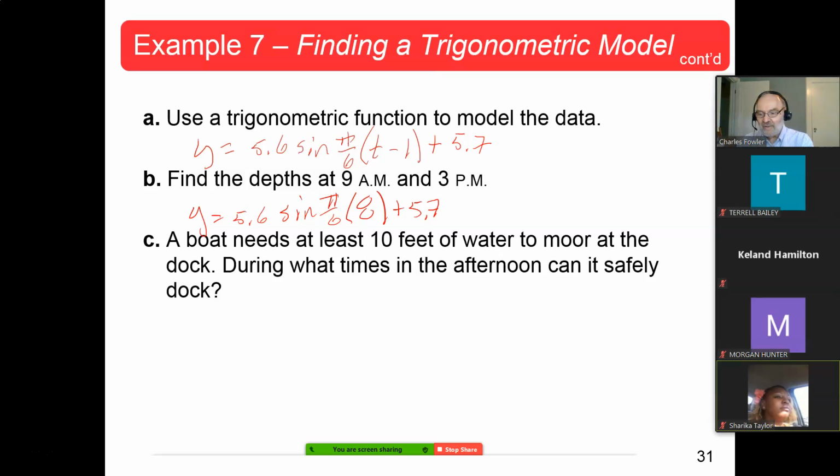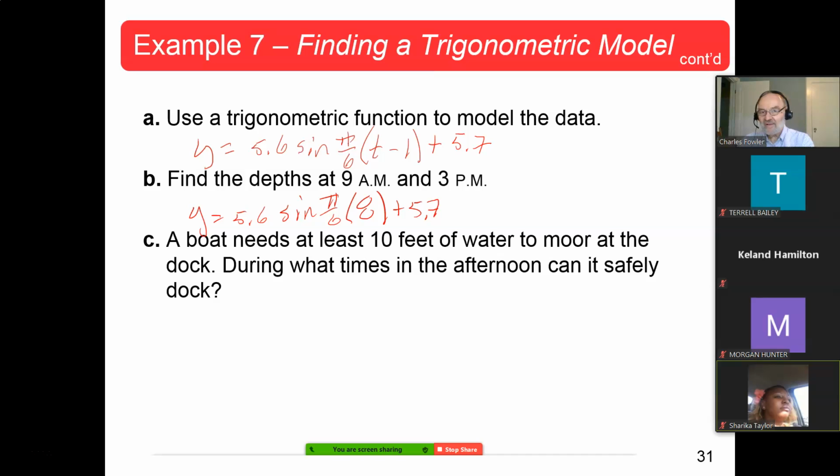So I'm going to open a parentheses and do a 4 times pi divided by 3. Close parentheses and take the sine. Ooh boy, I'd better be in radian mode. I am. Whew, good, because this is in radian mode, folks. Take the sine of that and then add to it 5.7.